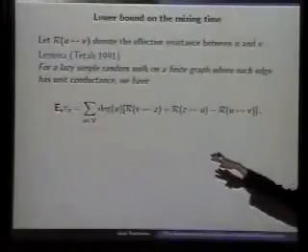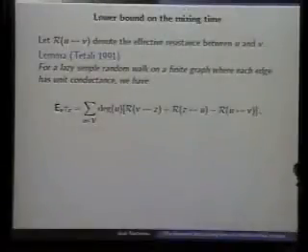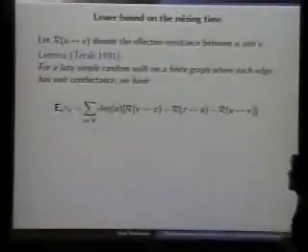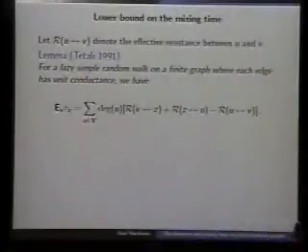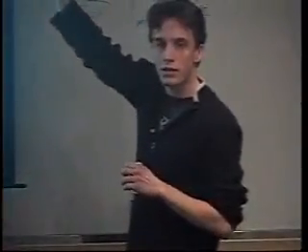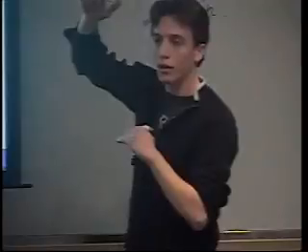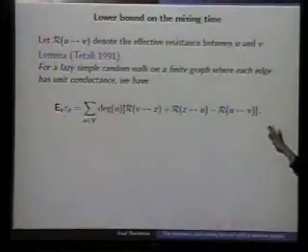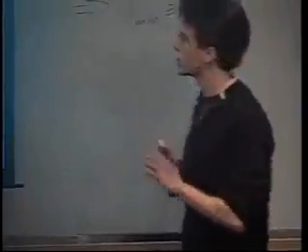Observe that we're summing over vertices in the graph something of this expression. There's a general fact, which is not very hard to prove, that the effective resistance is bounded above by the distance between U and V. This is always the case.